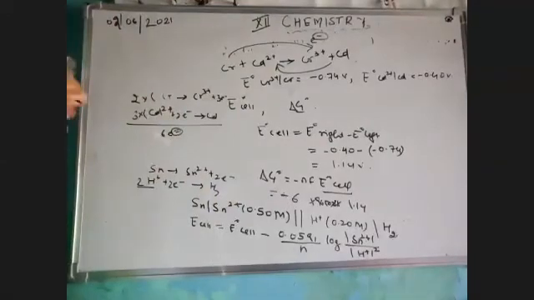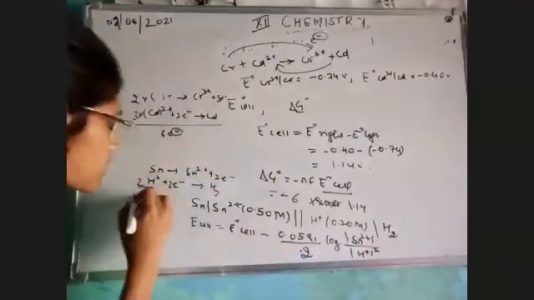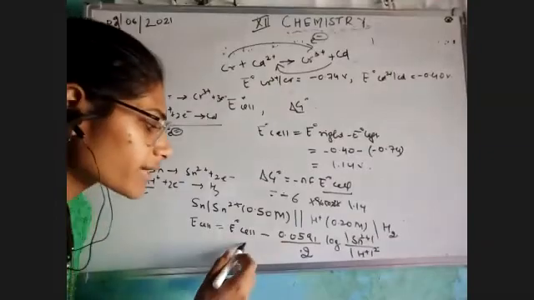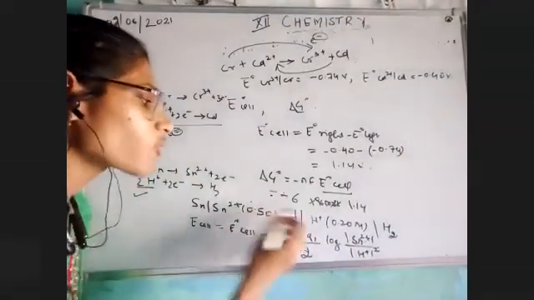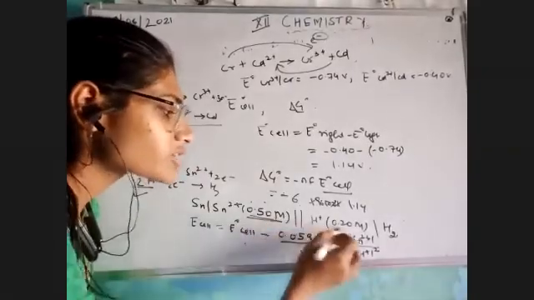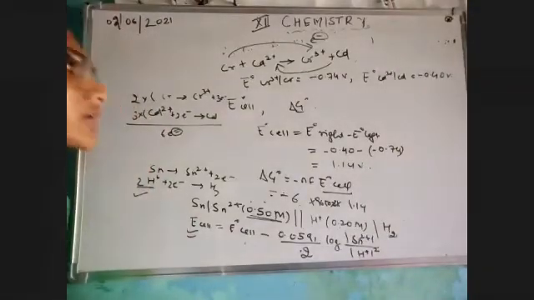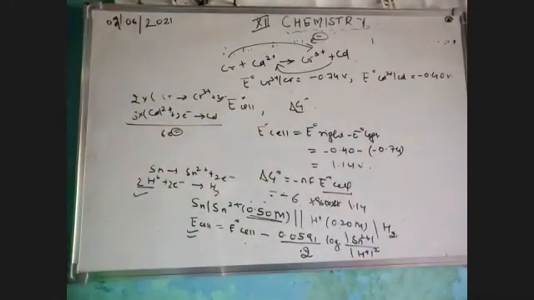Now we have completed the Nernst equation. We have E cell equals E naught cell minus 0.0591 by n, where n equals 2. Because we have completed it, we can easily calculate E naught cell. If the values of these two have been given and the value of the concentration has been given, we can calculate the E cell. All right, so this was all about this question.